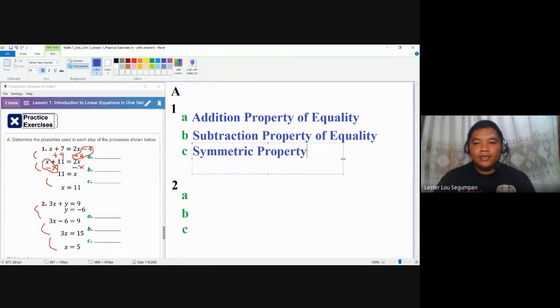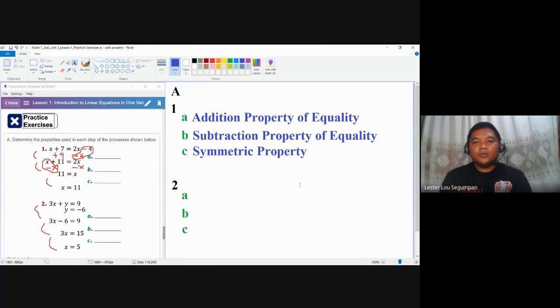Others will call it the symmetric property of equality, but just call it the symmetric property. We could simply interchange both sides in an equation without changing the value, without removing or adding anything. Just simply interchange both sides. That is the symmetric property.